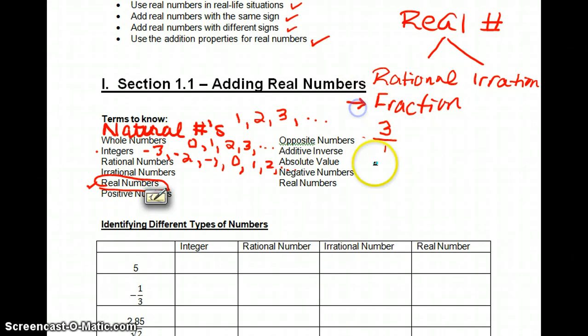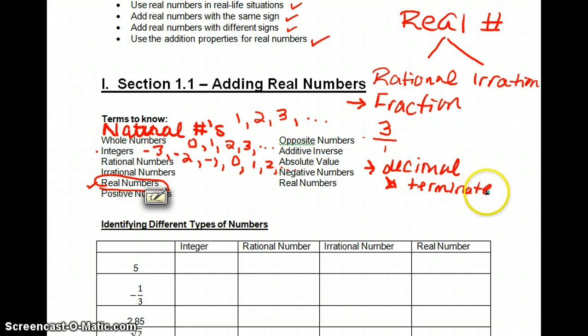Other types of numbers that are rational are decimals that will either, and this is very important, terminate, meaning that the decimal stops, like 0.8, 0.25, 0.3.